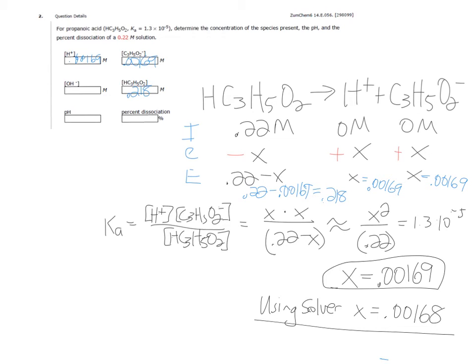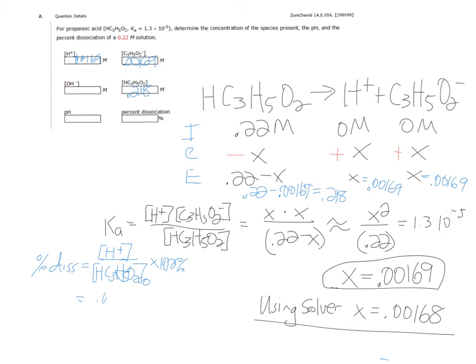To get percent dissociation, we'll use the equation: it's going to be the hydrogen ion concentration at equilibrium all over the initial acid concentration, and convert to a percentage by multiplying by 100.